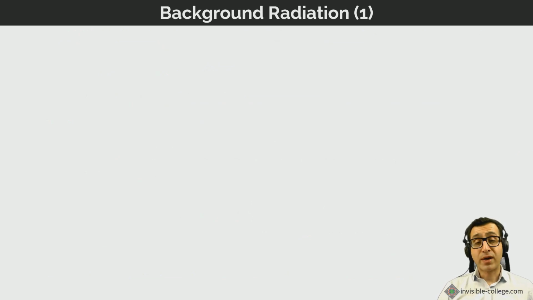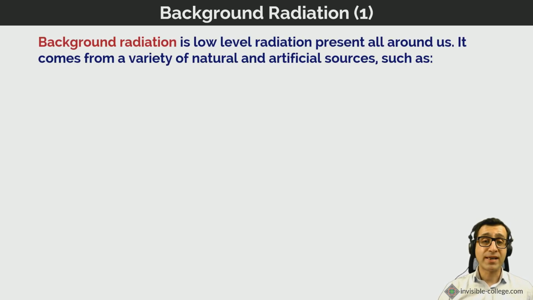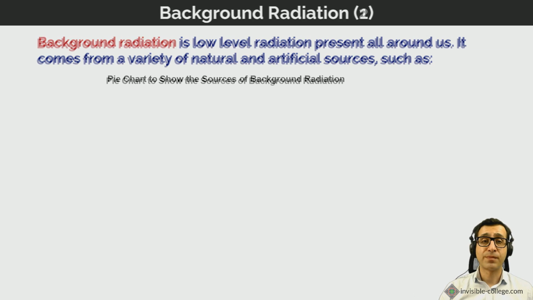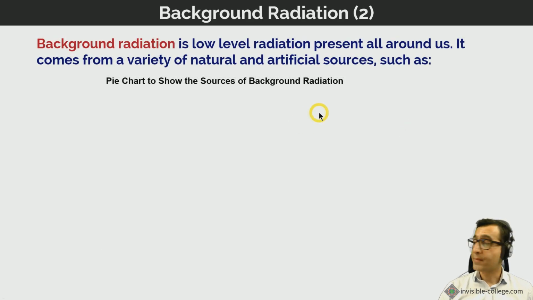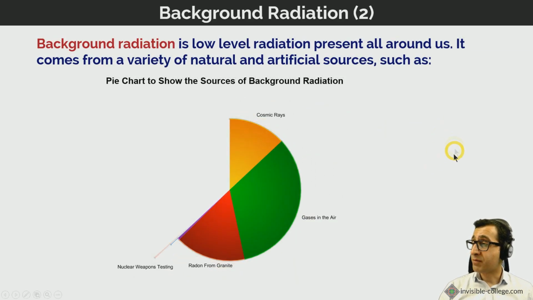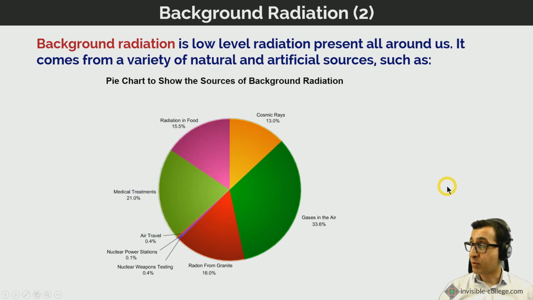So background radiation is something that you need to be familiar with as well. This is low-level radiation present all around us, and it comes from a variety of different sources. We can see here the sources of background radiation and the relative proportions that come from those sources.